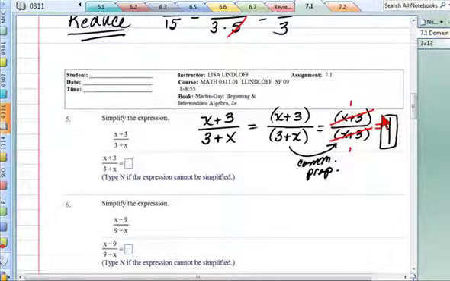The answer is 1. Anything over itself is equal to 1, with the exception of 0 over 0. What you were actually supposed to notice from this entire problem was that x plus 3 and 3 plus x are the same factor, which takes us to number 2.